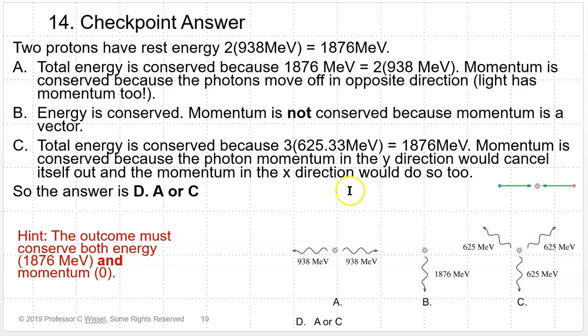In C, total energy is conserved because you have three of them at 625.33 MeV, and that equals the total energy of 1876 MeV. And momentum is also conserved here because the photon momentum in the y direction is going to cancel itself out, and the photon momentum in the x direction would do so too. So the correct answer to this is D, which would be A or C.